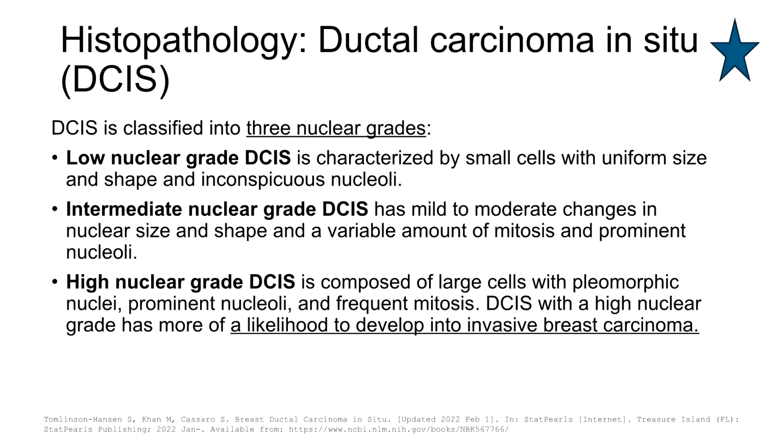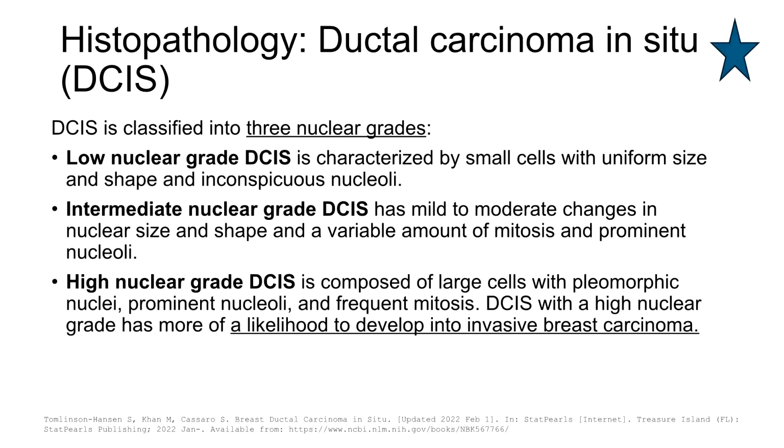And there is a high nuclear grade of DCIS that is composed of large cells, pleomorphic nucleoli, and frequent mitosis. And this is the one that is more likely to progress to invasive breast cancer.